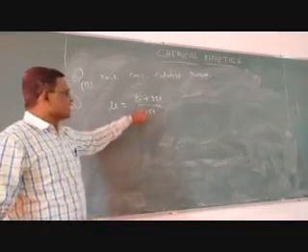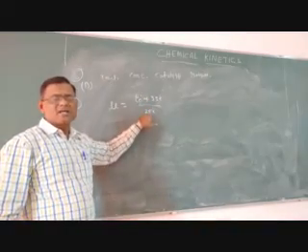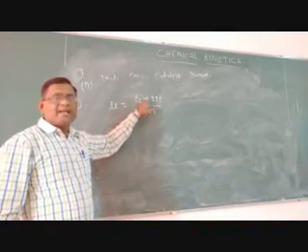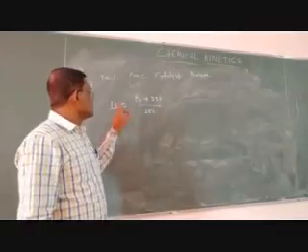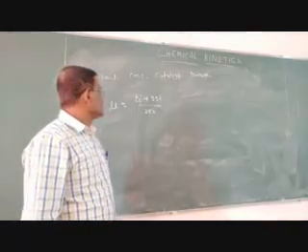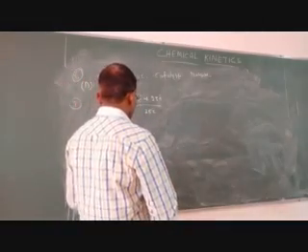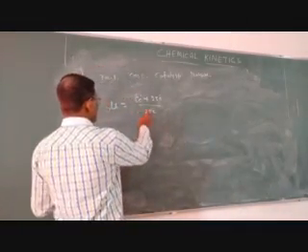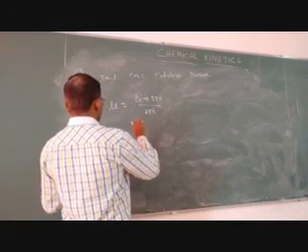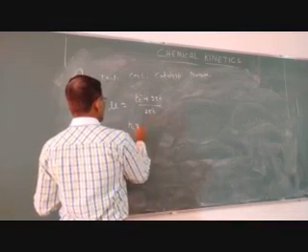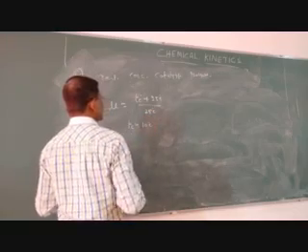This is the ratio of the rates at two temperatures that differ by 10 degrees Celsius, and it is called the temperature coefficient. So here a 10 degrees Celsius temperature difference is used.